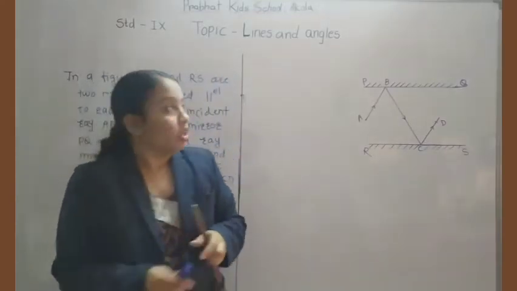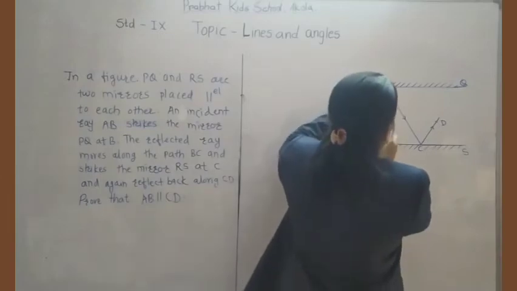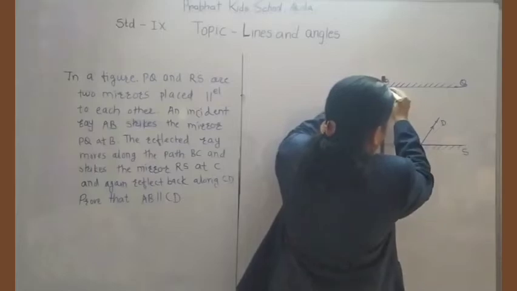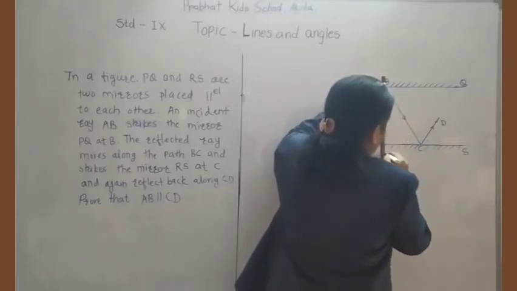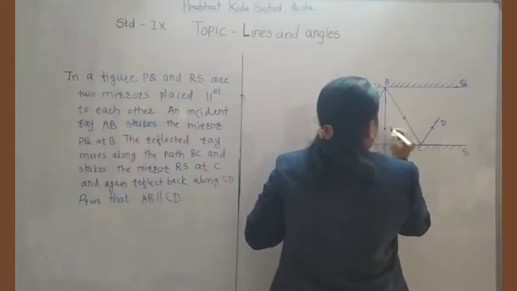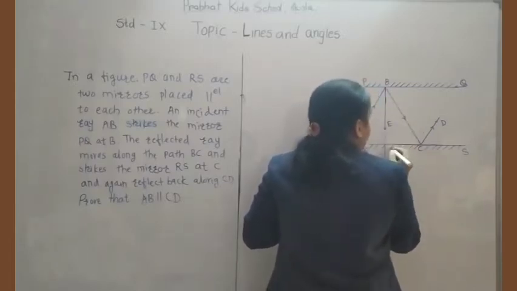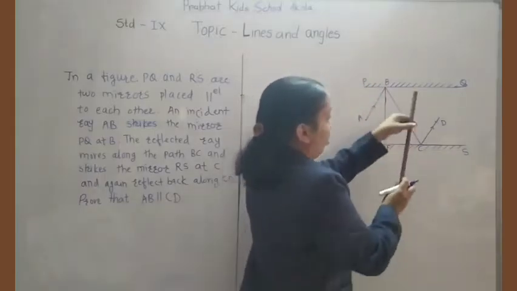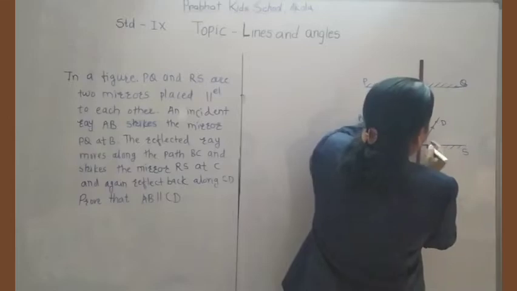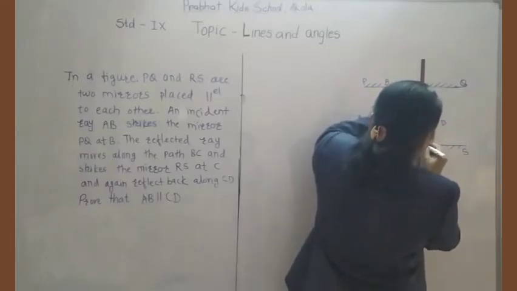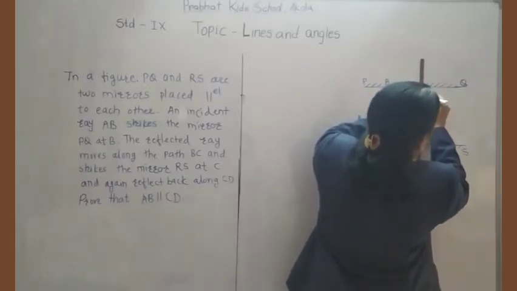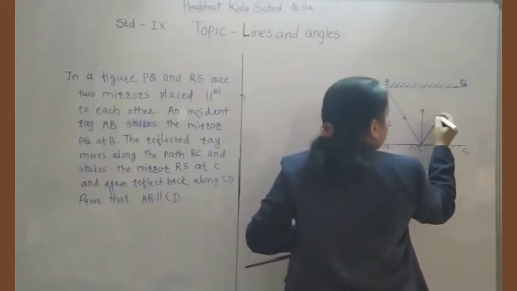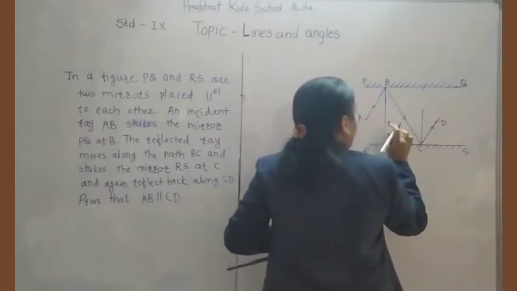So we have to draw the normal at B. Extend it to meet RS, suppose at F. Also draw the normal at C to the mirror RS and let it extend to meet PQ. So these are the normals, okay?